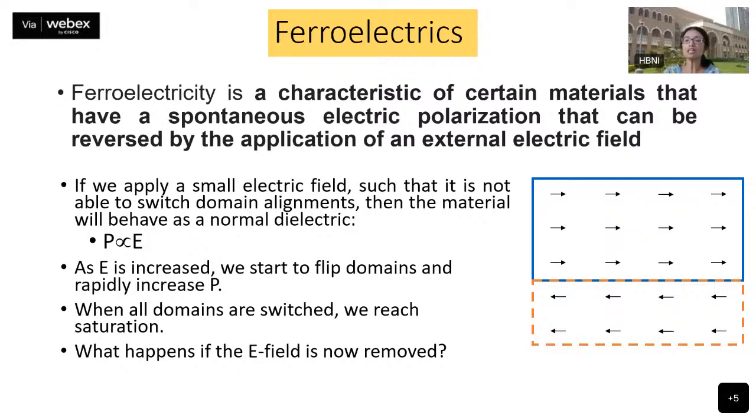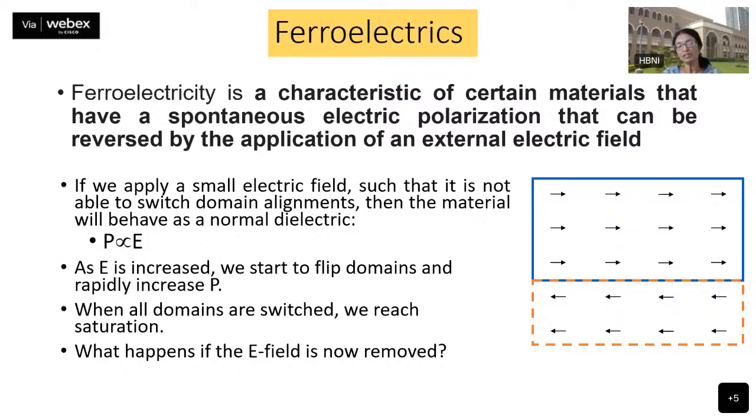Now this same concept was also discovered in certain materials which have spontaneous electric polarization. In magnets, we found magnetic polarization, but in certain materials, we find spontaneous electric polarization, which can be reversed by the application of an external electric field.